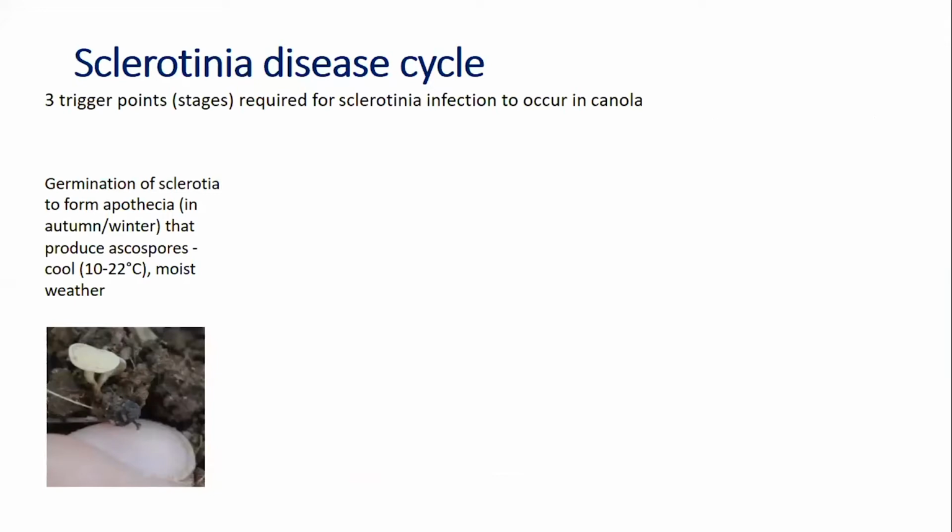Next, looking at the sclerotinia disease cycle, this gives you a good idea of why it is such a challenging disease to forecast. There are 3 trigger points required for sclerotinia infection to occur in canola. The first one is germination of sclerotia to form apothecia. That requires cool, moist conditions in autumn and winter, and obviously the presence of sclerotia from a previous history of sclerotinia.